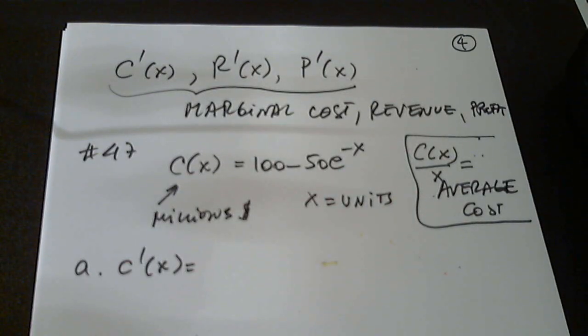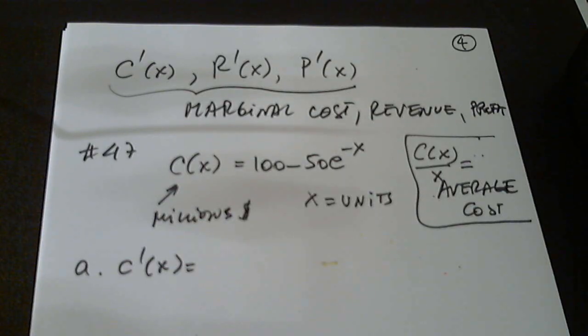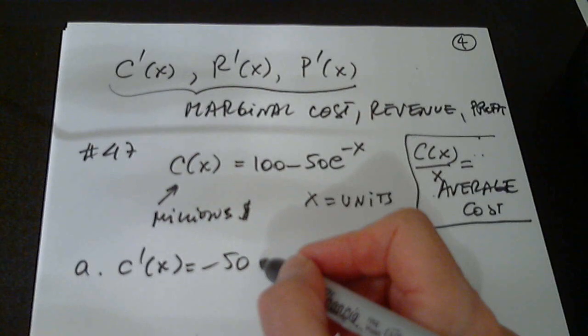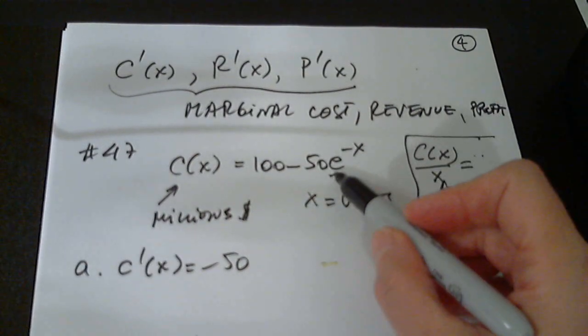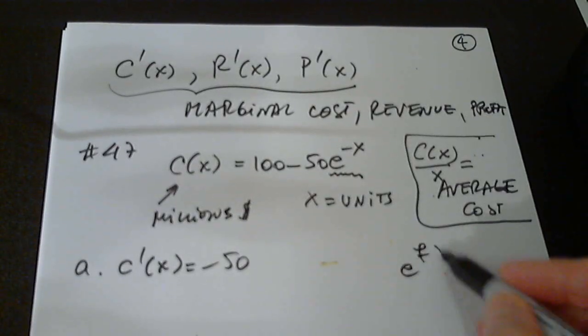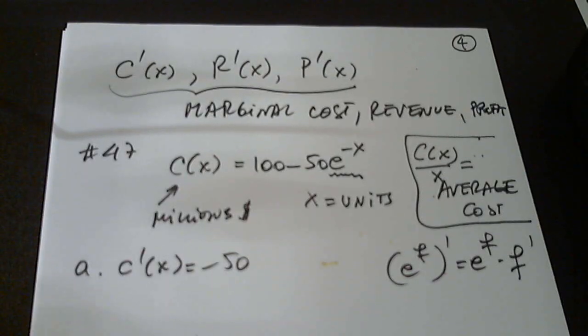And I'll put it here. Can anyone differentiate this for us, please? Is it negative 50? And now we differentiate this. E to a function prime is e to the function times the function prime.